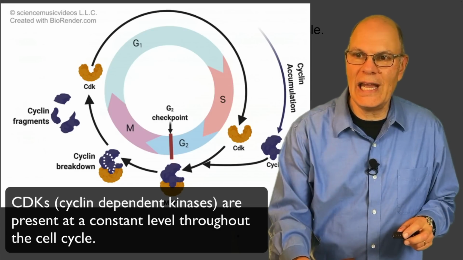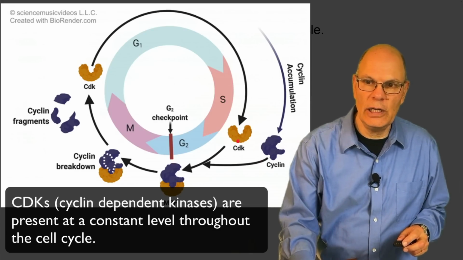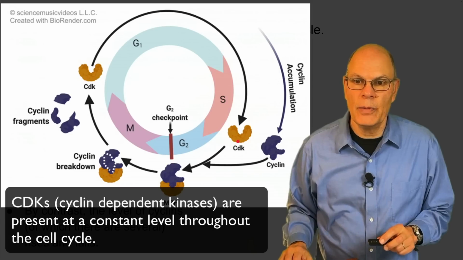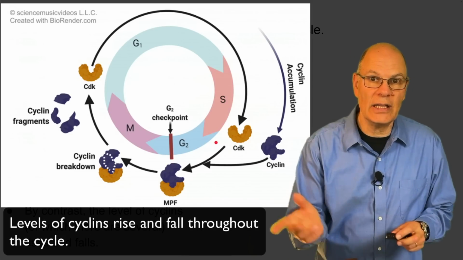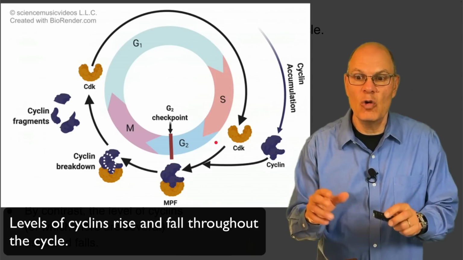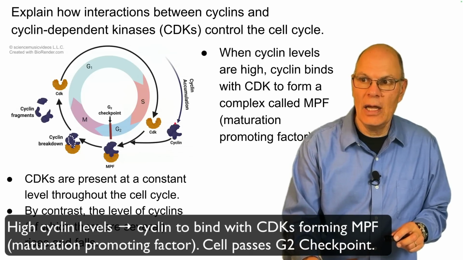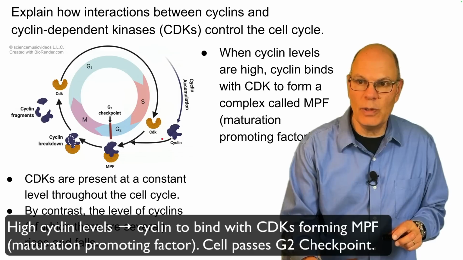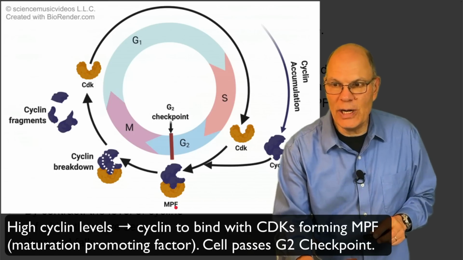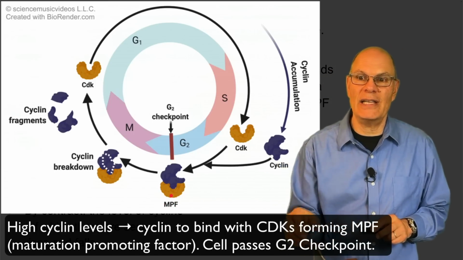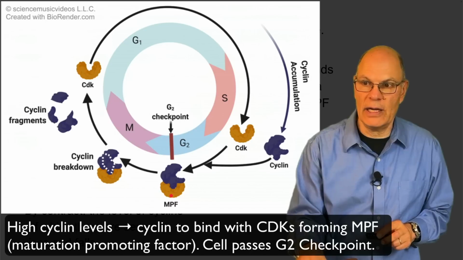So CDKs, here they are over here, are present at a constant level throughout the cell cycle. By contrast, the level of cyclins that we saw in the previous slide rise and fall. When cyclin levels are high, the cyclins bind with CDKs to form a complex called maturation promoting factor, but a good way to remember that is just think of it as mitosis promoting factor.